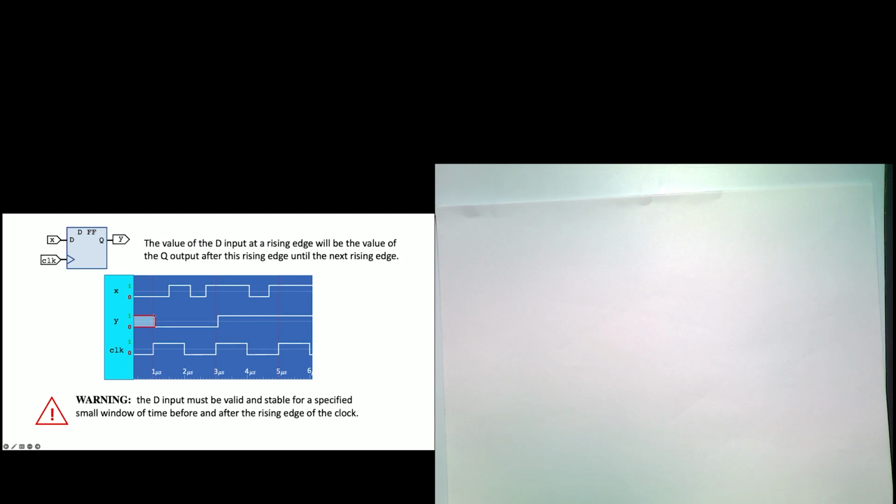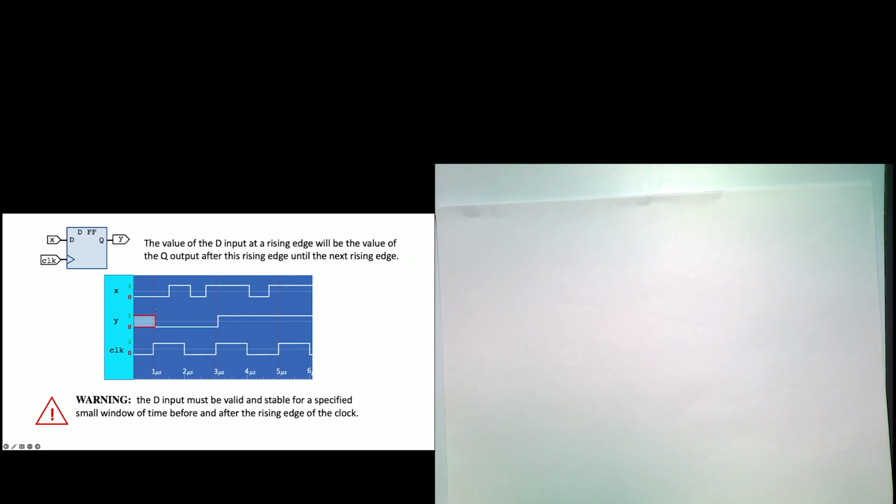Not immediately at the clock edge, but a little after. If this is the very first clock edge, and you haven't been told that the flip-flops were initialized, then you don't know what value this flip-flop has before the first clock edge, and so you should mark it as unknown.